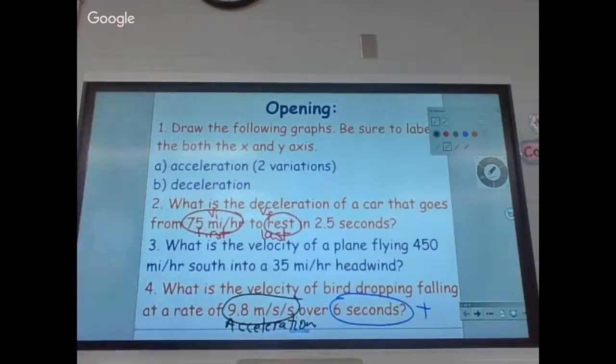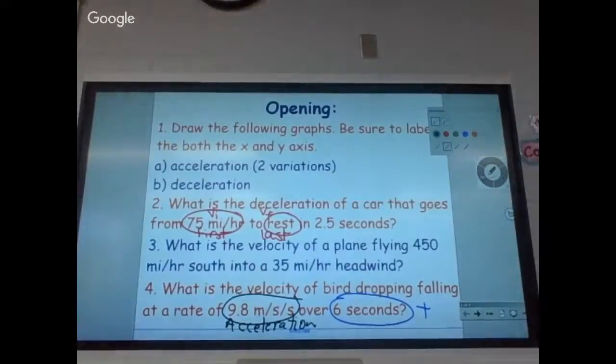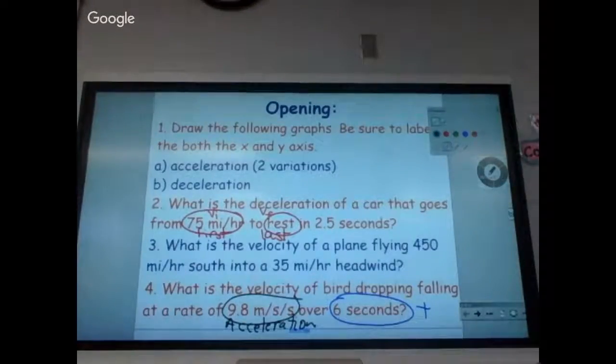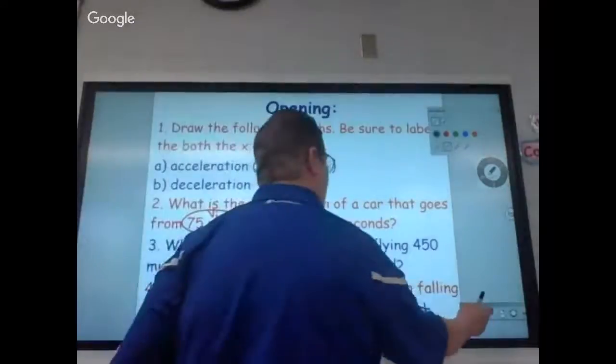So, if that's acceleration, what formula should we pick? Nigel, be quiet. What formula should we pick? Okay, so do we have two velocities we need to find?